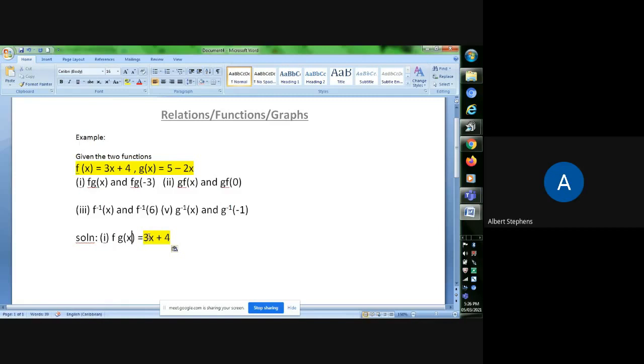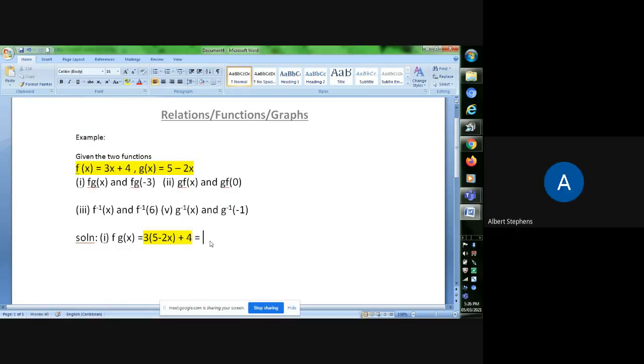Now 3x means 3 times x. So it's going to be 3 times whatever the g function is, and the g function is 5 subtract 2x. And you continue to write the plus 4. Everybody see that? Yes, sir.